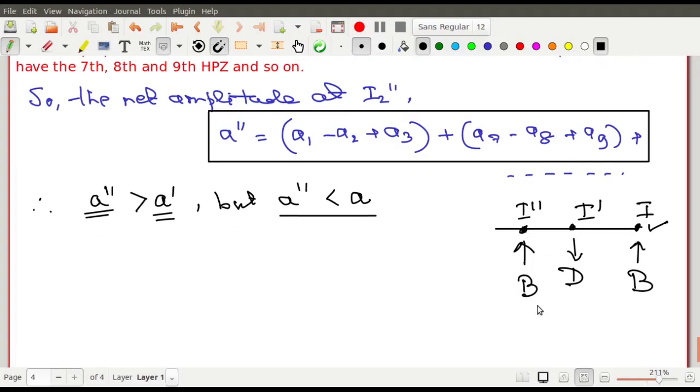Now if I compare the intensity of the bright points, what do I see? So if I compare the intensity of the bright points, then this is the maximum bright point, which you call the central maxima or the principal maxima, and this one is the first bright point.